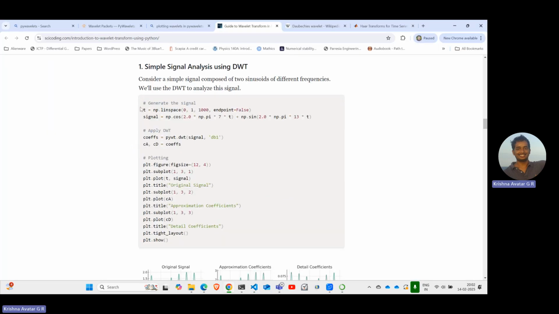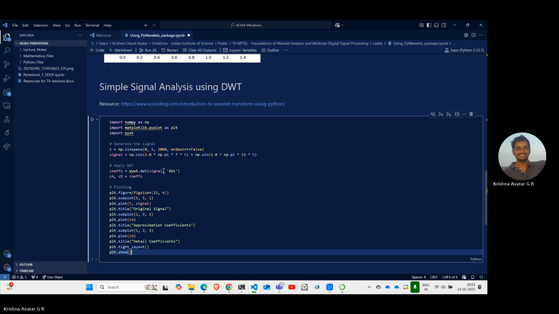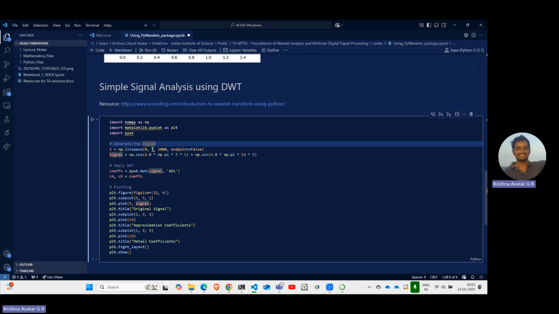Right, and we'll just generate all this and try to understand from here itself what is trying to be done. We import matplotlib and PyWavelets. Then we generate the signal by discretizing from 0 to 1 into 1,000 discrete points, and we do not take the endpoint.